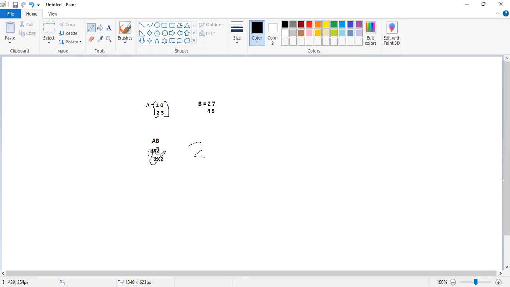The remaining of B is also 2, which is its columns, so the resultant matrix also has 2 columns. I hope you understand that.